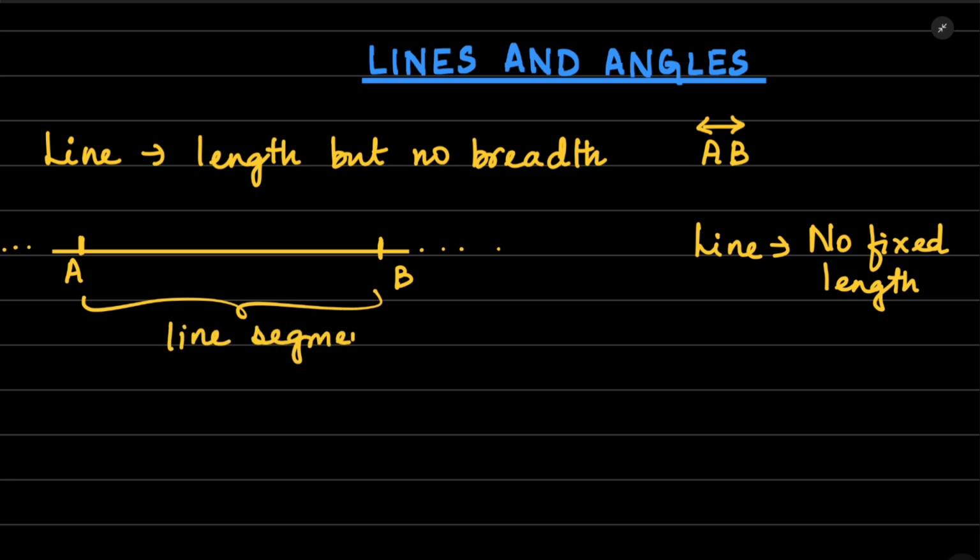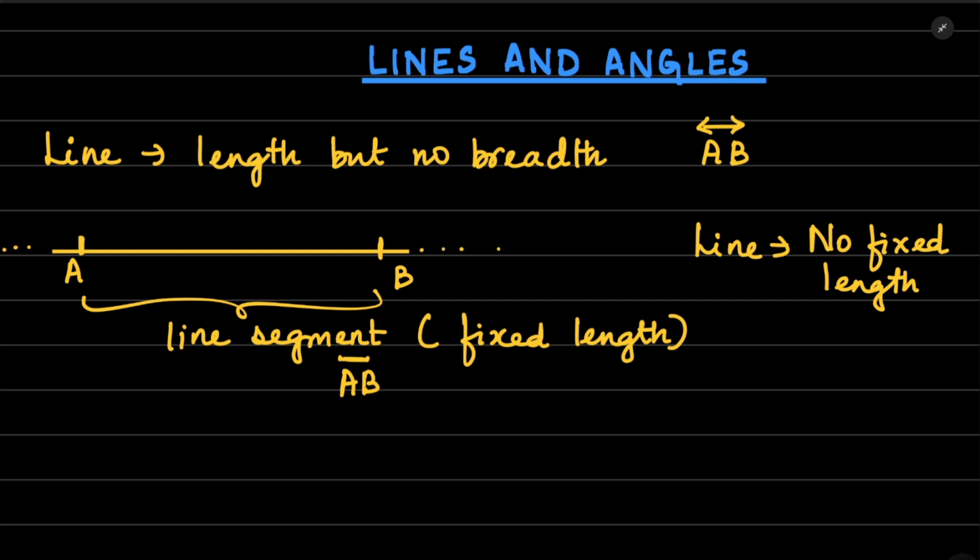A line segment always has a fixed length. It is denoted by AB with just a bar over it, because it's just a part of a line but both the ends are fixed. That means it starts at A and ends at B. So this is your line segment.